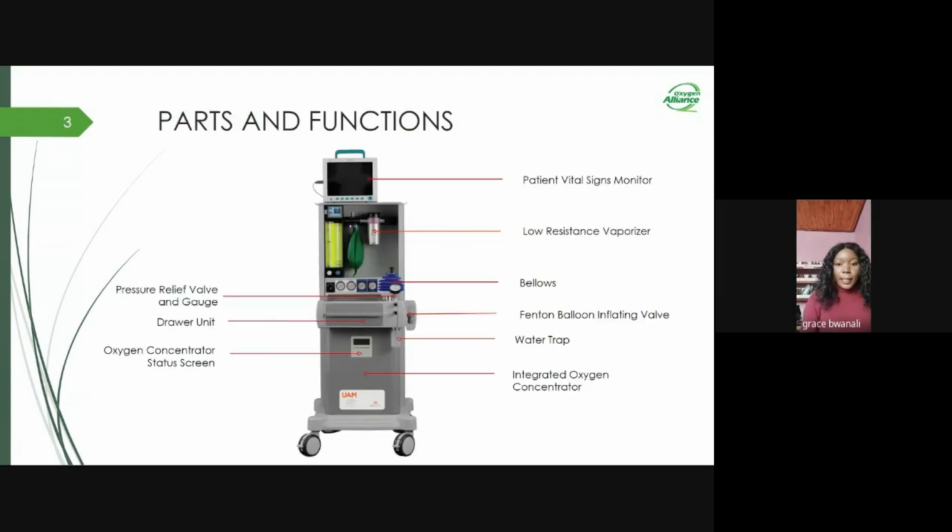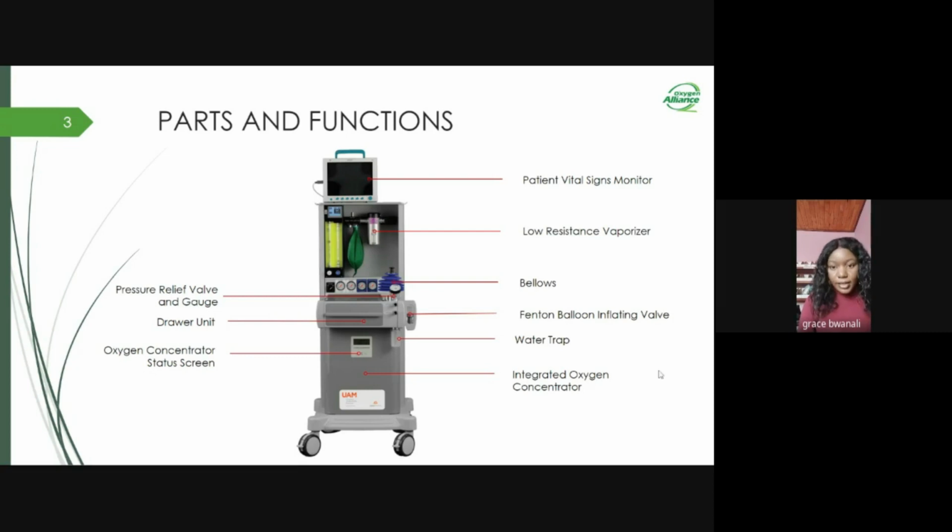Moving on, I'll take you through the parts and functions of the Universal Anesthesia Machine. Just over there, we have the patient vital signs monitor, which is the instrument that measures and displays the physiological state of the patient, and it primarily monitors the delivery of anesthesia.